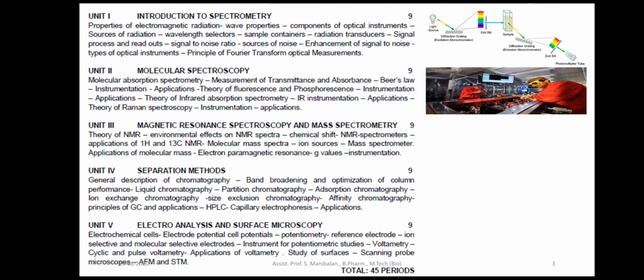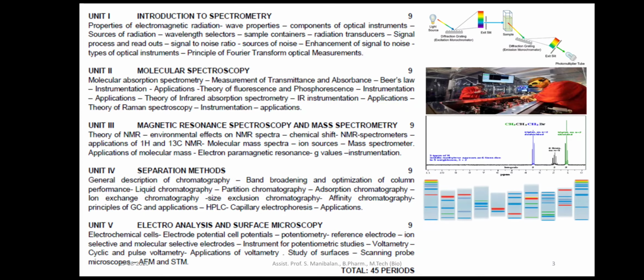So the third unit is full of identification of peaks in NMR, nuclear magnetic resonance, and finding out the molecules, like how many carbons are there in a molecule and at which position, which you can easily find out. Then the separation techniques are full of chromatography, such as ion exchange, affinity chromatography, size exclusion chromatography, all those things.